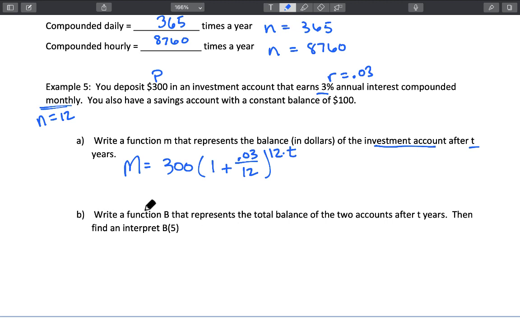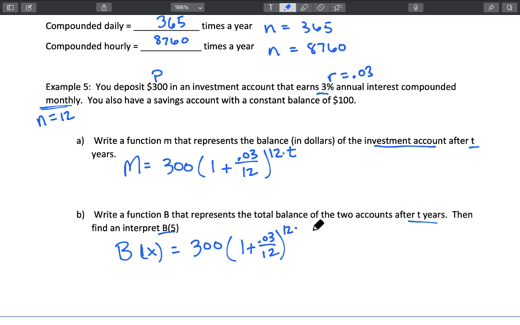All right, next it says in part B, write a function B that represents the total balance of the two accounts after t years. Then find and interpret B of 5. All right, so we have our B of x is going to be exactly what we have up above, 300 times 1 plus 0.03 over 12 raised to the 12t power.